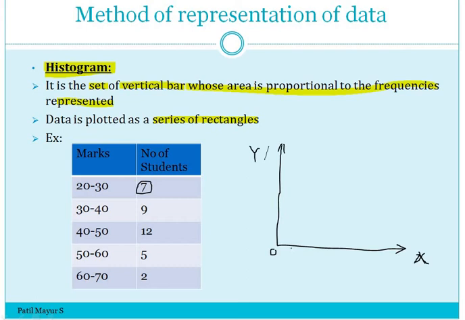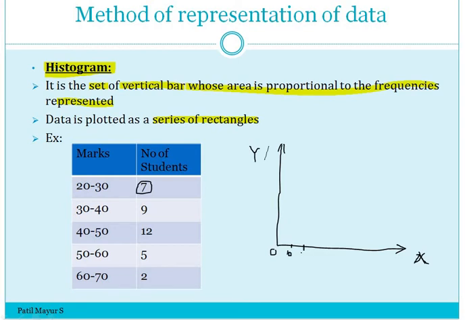So how will we represent this data? We will start here, say here 10.